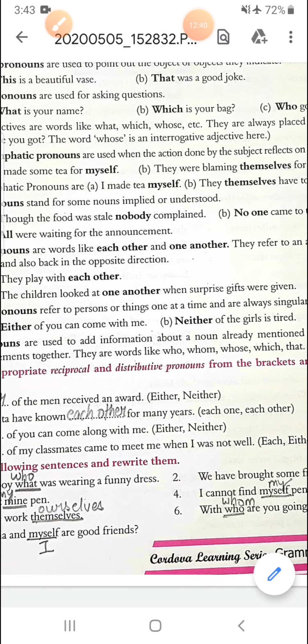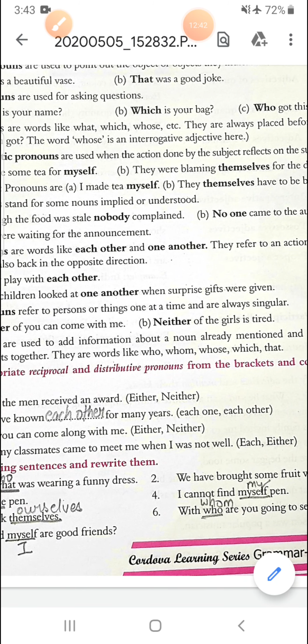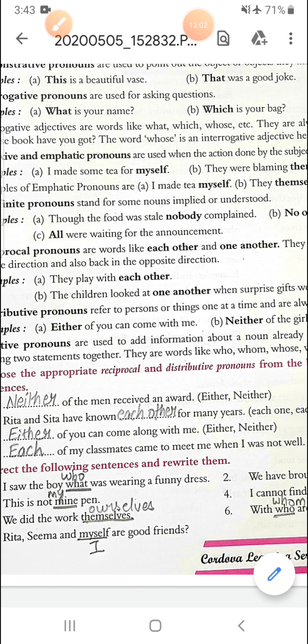Then more examples. You can say you can drink either tea or coffee. So I have given you an option. Either you can have tea or coffee. Then she can neither watch TV nor play. Each of us bought the book, like everyone. Alright.